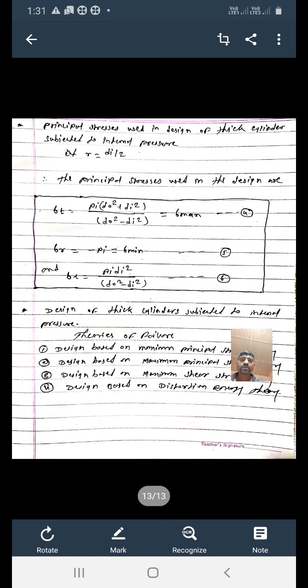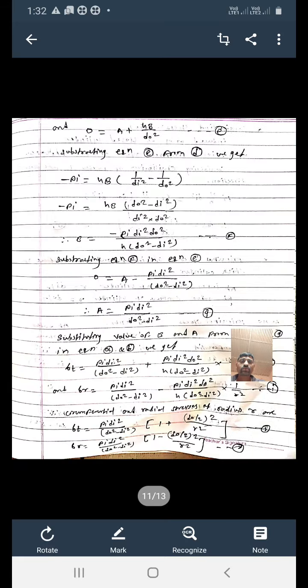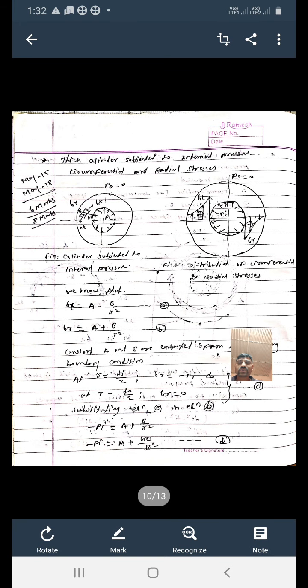The next slide: principal stresses used in design of thick cylinder subjected to internal pressure. The variation of the principal stresses sigma t and sigma r across the thickness of the cylinder wall is shown in this figure. We can see in this figure the distribution of circumferential and radial stresses, and we have seen this table.